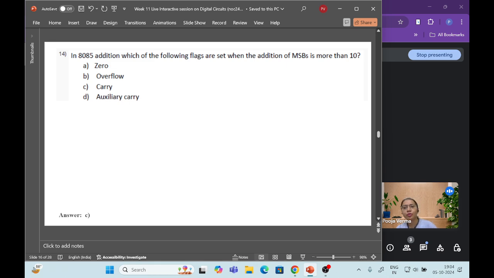We already know that whenever we add two numbers or two values, if a carry is generated, that is the carry or borrow, so the carry flag will be set in that case.